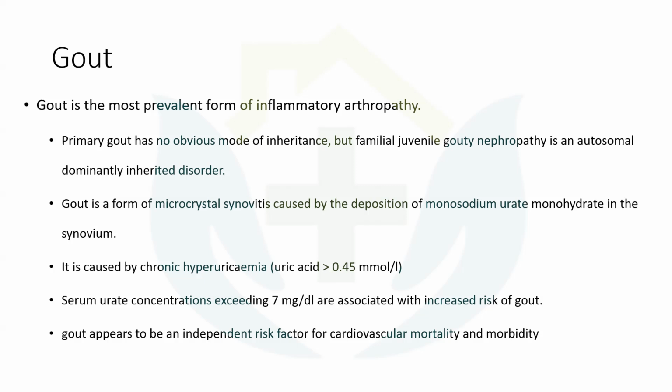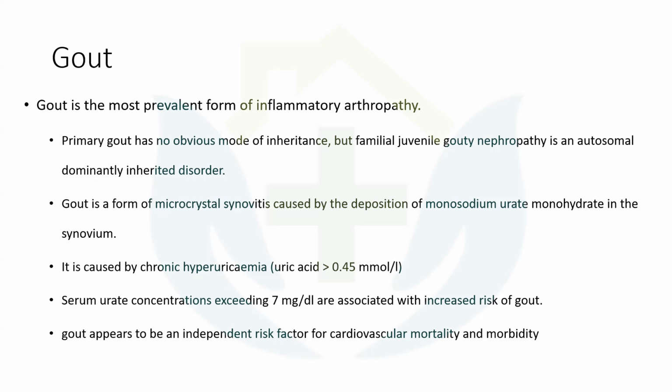The major issue in primary and secondary gout is the hyperuricemia, a high uric acid level, due to multiple different reasons. When the uric acid is chronically high, the risk of gout is greater.